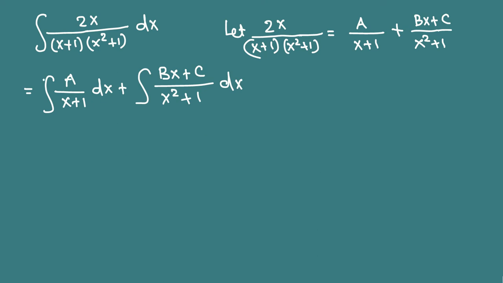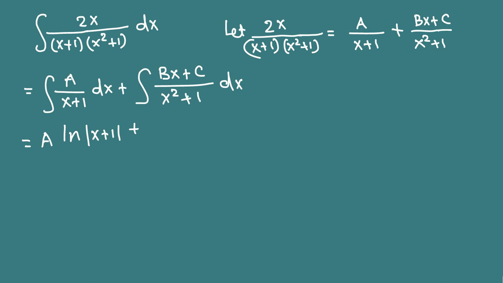We will figure out the values of a, b and c later. a can be pulled outside being a constant, and for 1 over x plus 1, the derivative of x plus 1 is 1, the derivative of the bottom is the top, so the integration is natural log of the bottom, x plus 1.